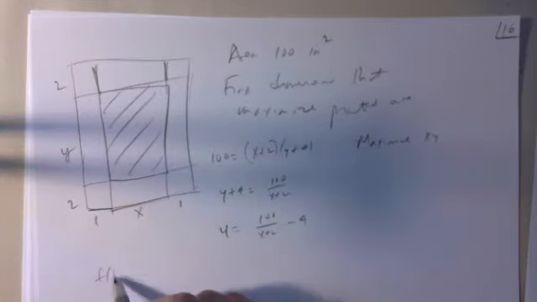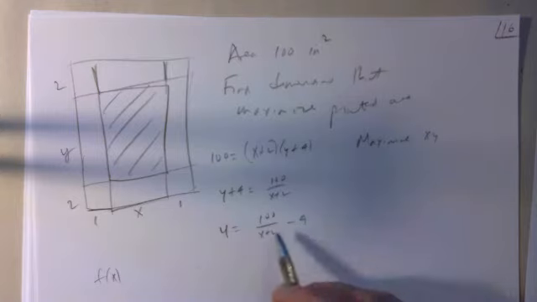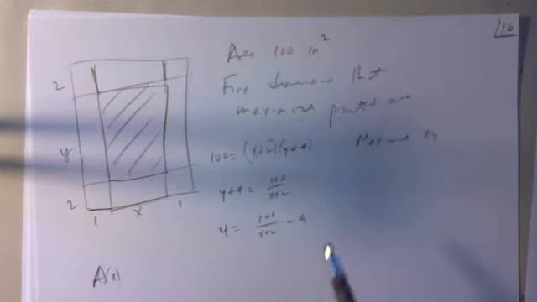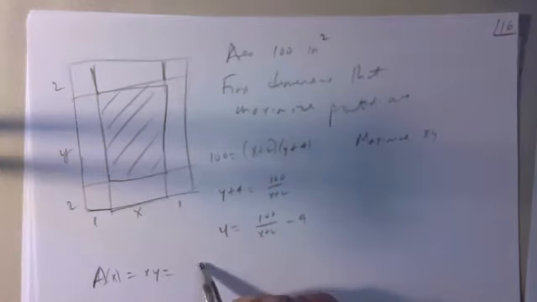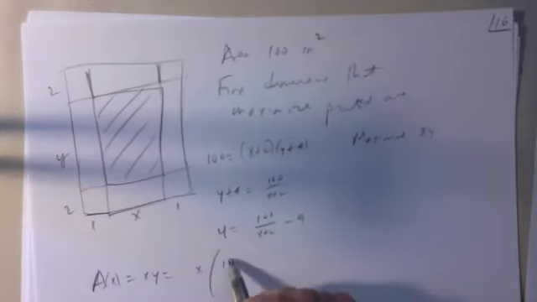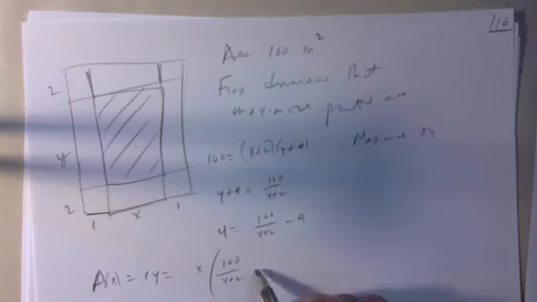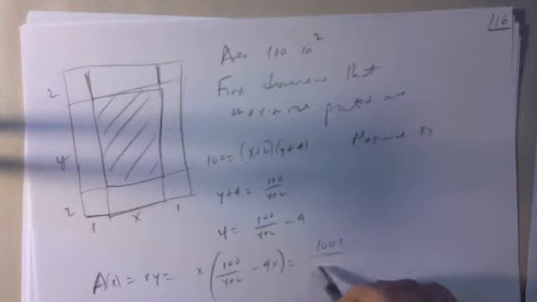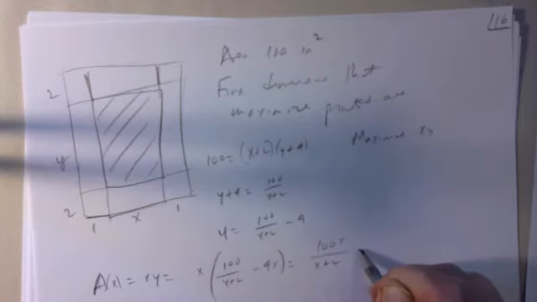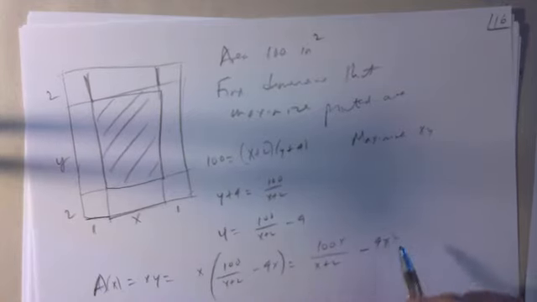So as a function of X, once you have X, that determines Y. As a function of X, the area, which is X times Y, is X times 100 over X plus 2 minus 4X, or 100X over X plus 2 minus 4X squared.